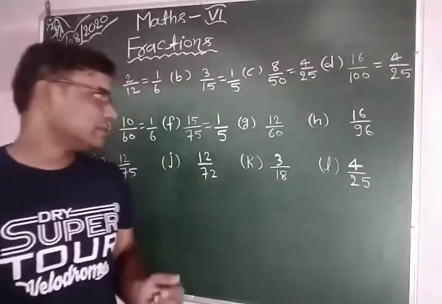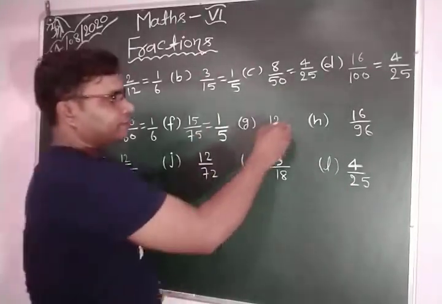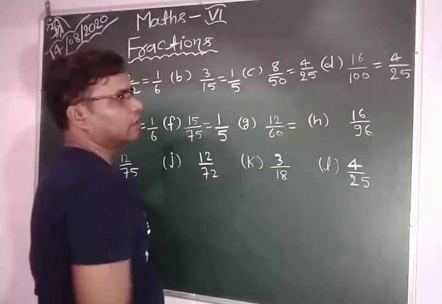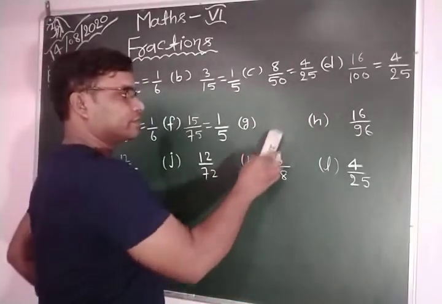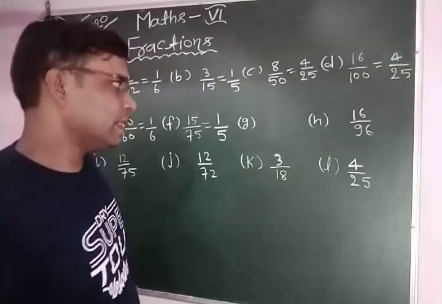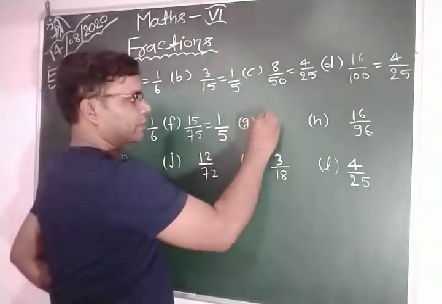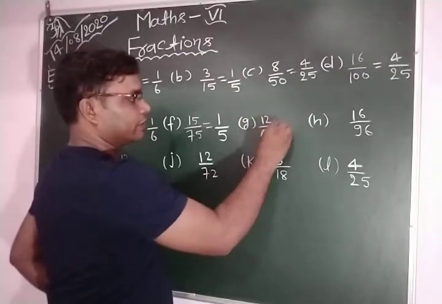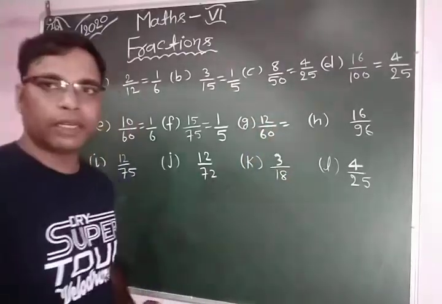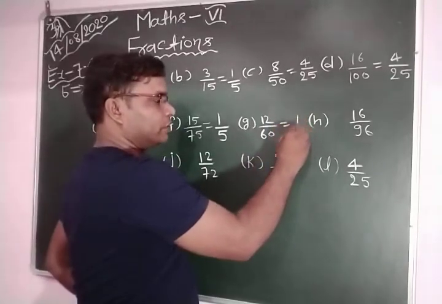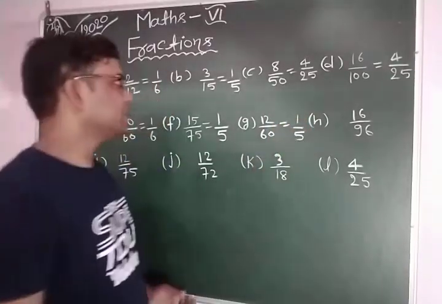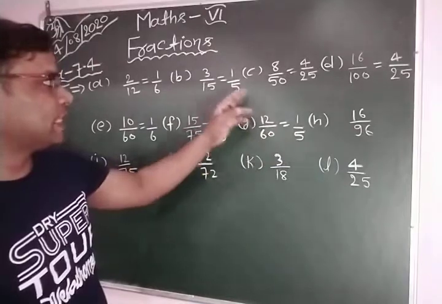Okay, so now next is 12 by 60. This is equal to 12 ones are 12, 12 fives are 60. This is 1 by 5. So you can see here 1 by 5, 1 by 5, 1 by 5.